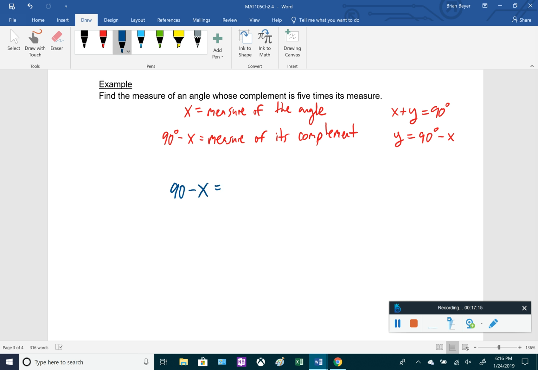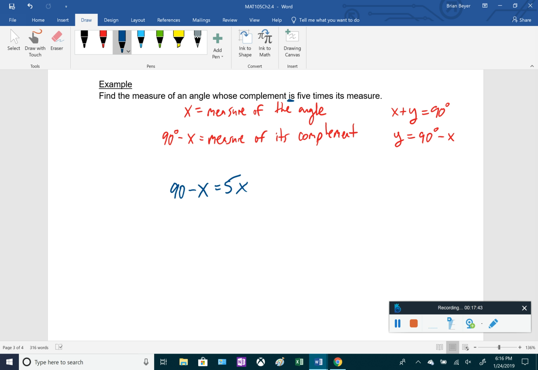It says the complement is 5 times its measure, which is why I put the equal sign here. The complement, 90 minus x, is equal to 5 times its measure, so 5x. So 90 minus x equals 5x. The complement is 5 times the angle.